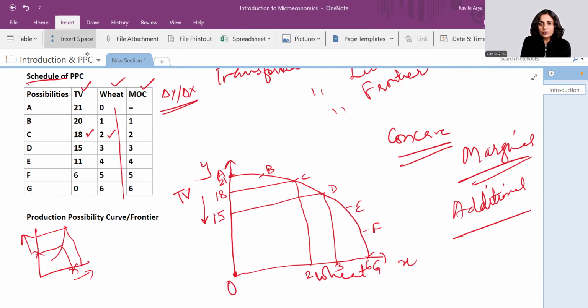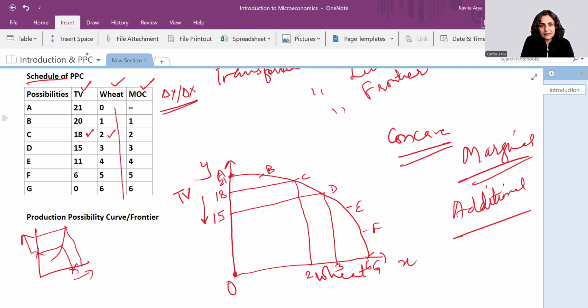So you would now be able to understand MOC: whenever we move to the next position from A to B, B to C, C to D, and so on, we are gaining 1 unit at every level of x, and for that gain of x, we are sacrificing units of y.